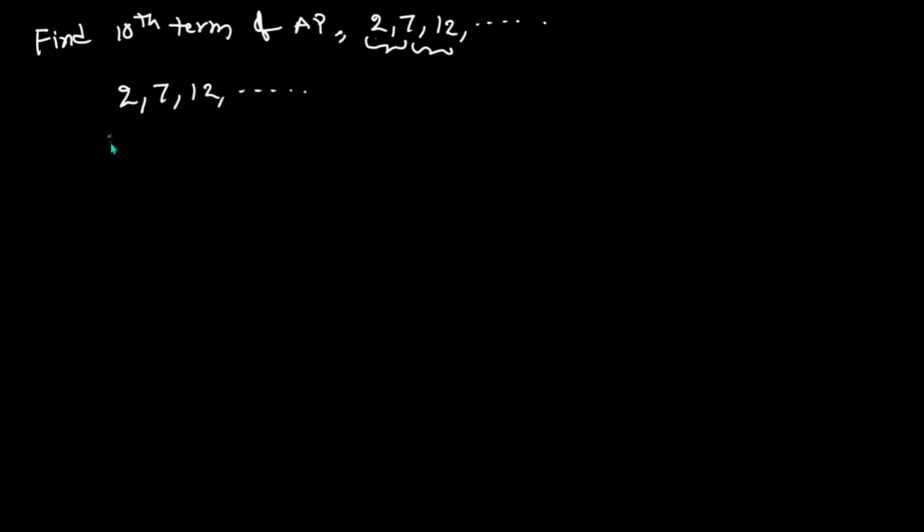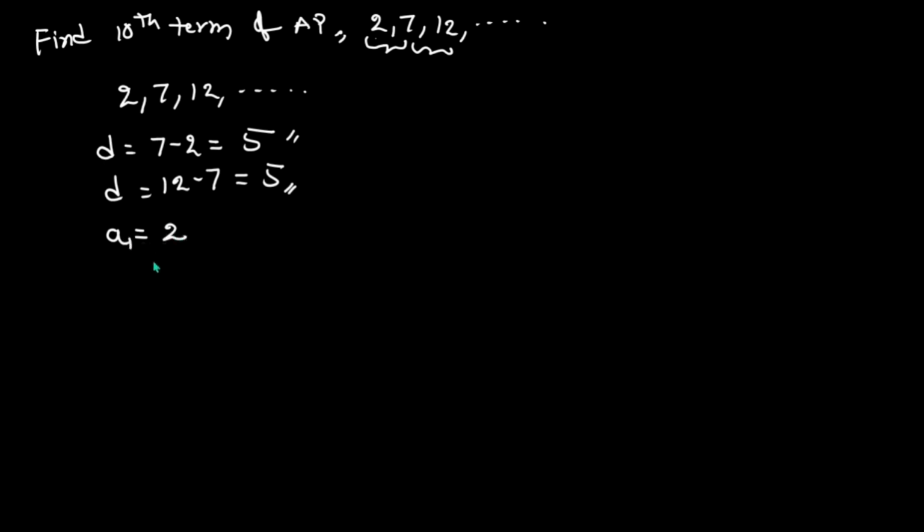Okay. Let's take the common difference. That is 7 minus 2 is equal to 5. Another common difference we find between the third term and second term, 12 minus 7. That is also 5. So it has the fixed difference. Then this is an arithmetic progression only. Then we need to find the 10th term for this, right? So the starting term, we know, starting term is 2, right?